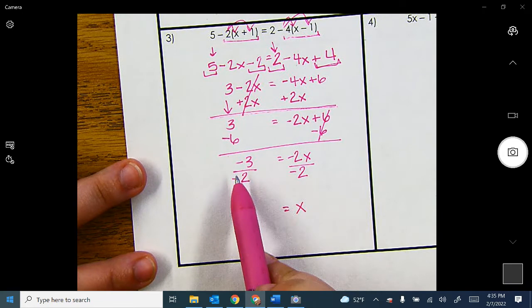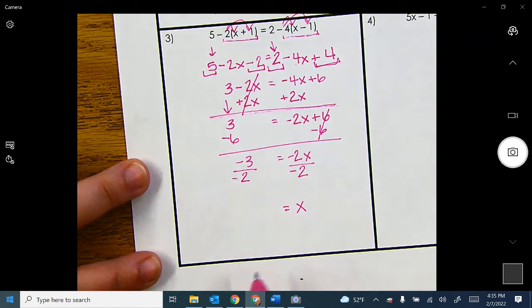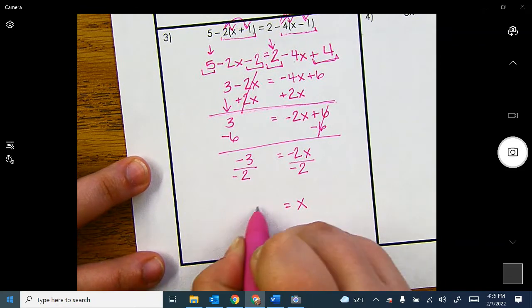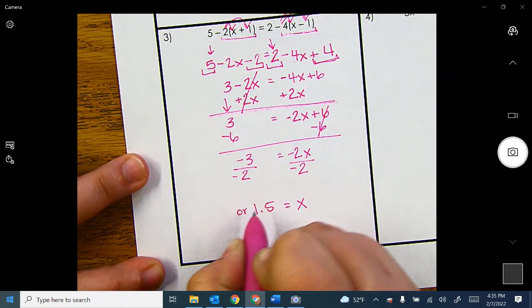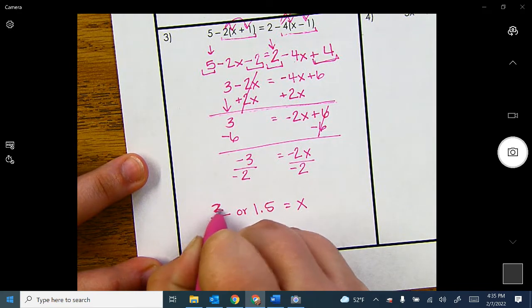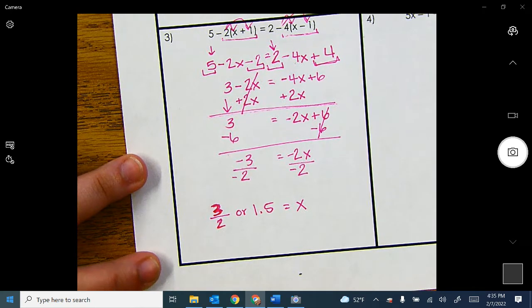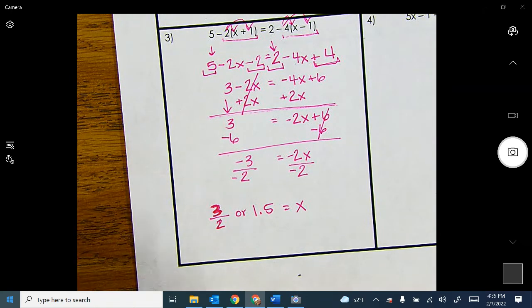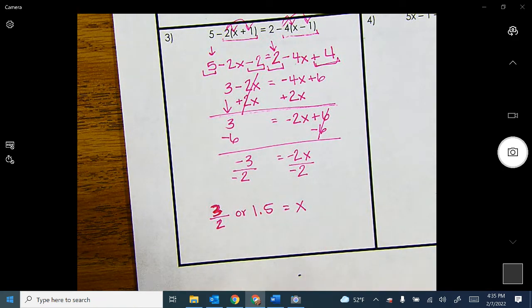Over here, a negative divided by a negative is a positive. And if you use your calculator, you know that 3 divided by 2 is 1.5. But if you wanted to leave it as a fraction, 3 over 2, that's fine as well. Your answer is 3 over 2 or 1.5, and it should be positive because a negative divided by a negative is a positive. All right, and that's number 3.